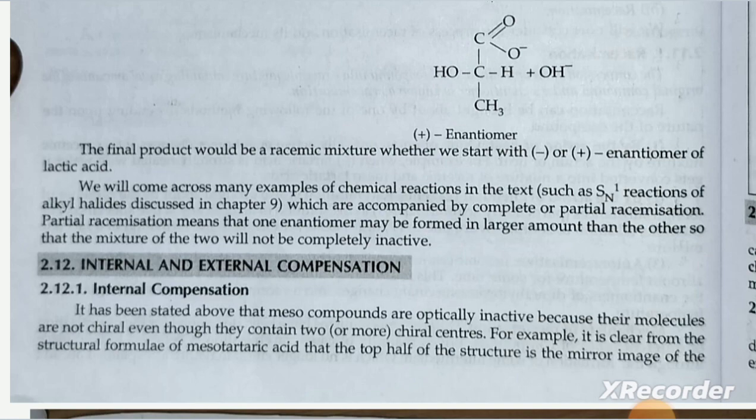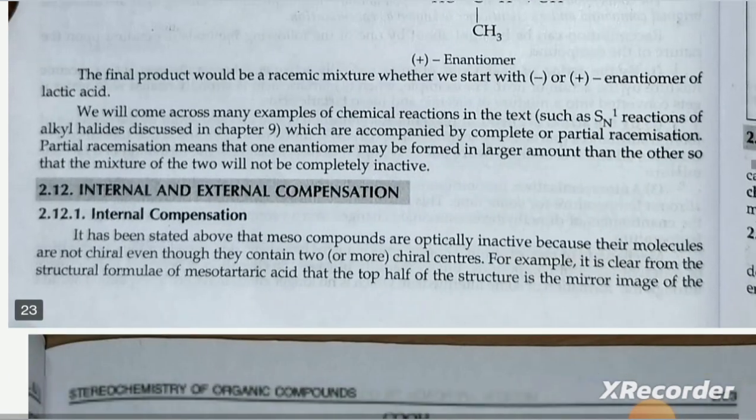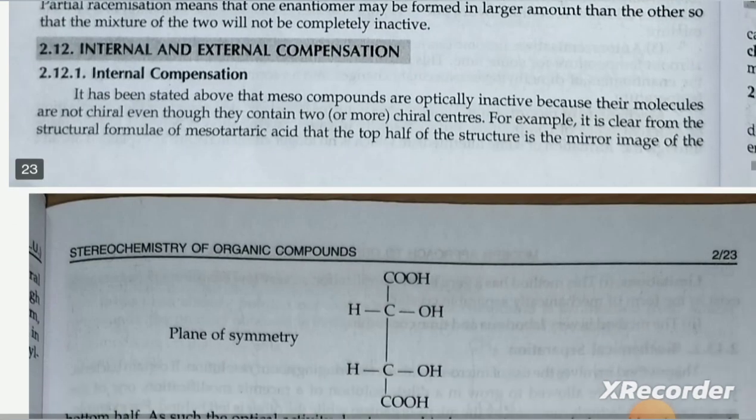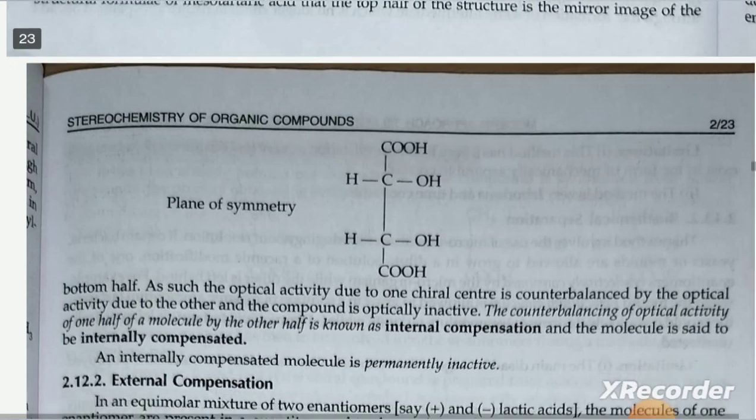Internal and external compensation. First is internal compensation. It has been stated above that meso compounds are optically inactive because their molecules are not chiral even though they contain two or more chiral centers. For example, it is clear from the structural formula of meso tartaric acid that the top half of the structure is the mirror image of the bottom half.